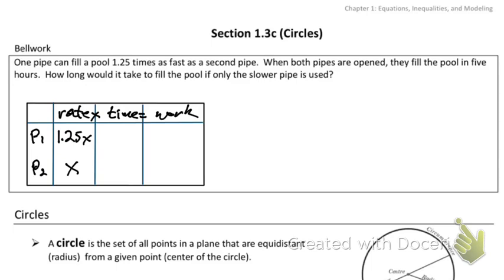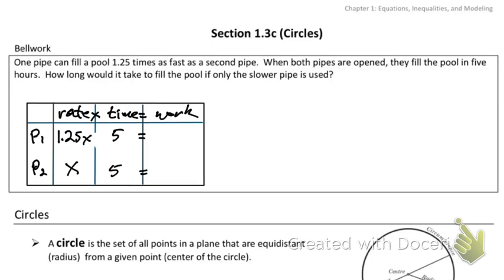That means each of them, if they have 5 hours to work, they'll fill an entire pool together. So our time in this one is going to be 5 for both of them. So the amount of work that each one's completing to fill a pool would be, this one would be 5 times 1.25.